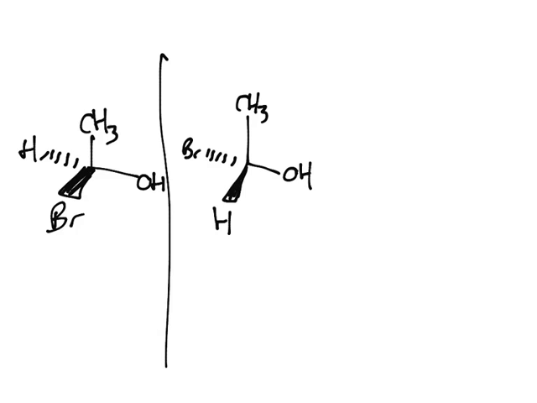And so a good way to help you see this is to get a model kit to build the molecules. But if you look at this molecule, you can tell that these two molecules are not the same.